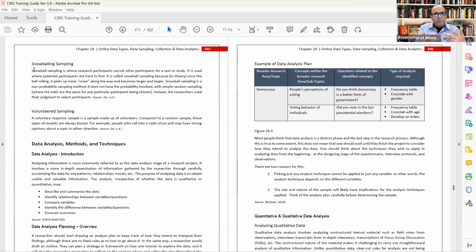But volunteering definitely means people who can participate on account of knowing that somebody is recruiting the sample for such and such reasons and for some incentive. That's volunteer sampling.